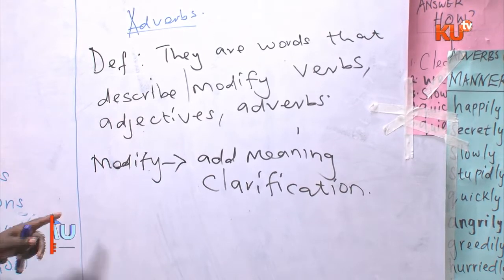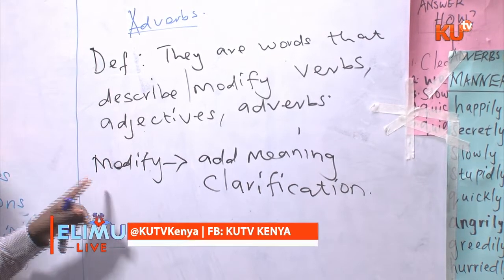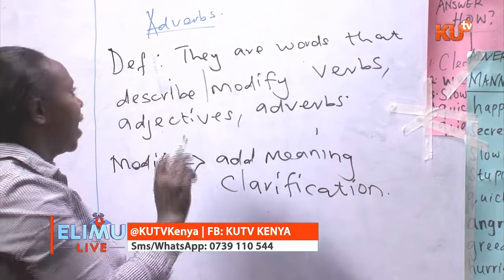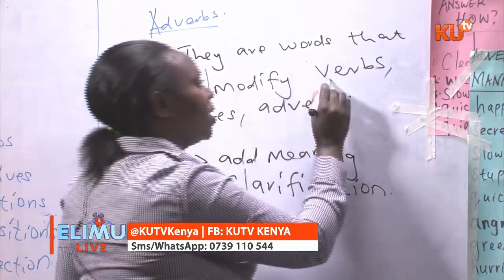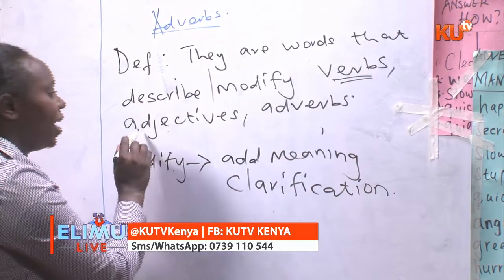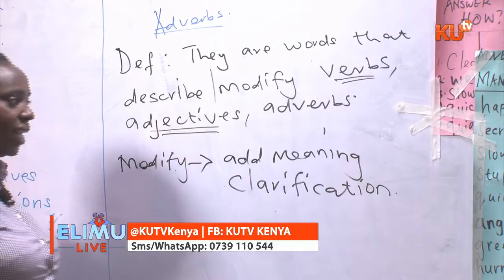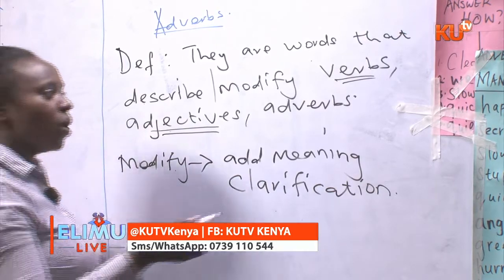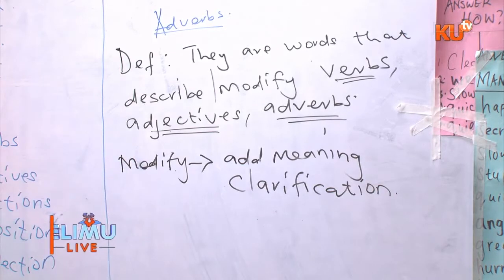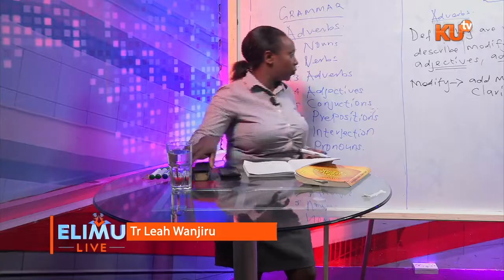I'm briefly going to give 3 examples. The first example will be an adverb describing a verb. The other one will be an adverb describing an adjective. And the other one will be an adverb describing another adverb. Let us look at the following examples.